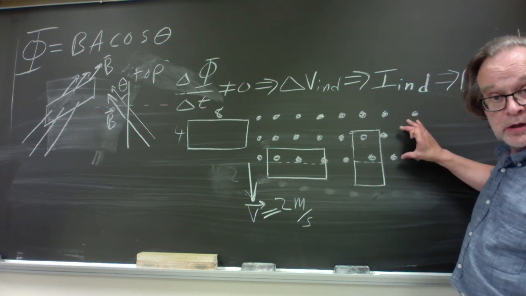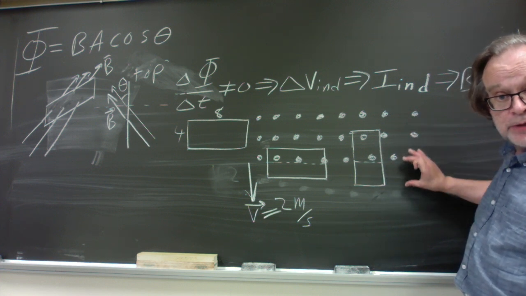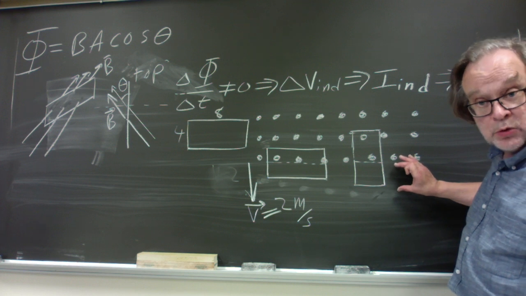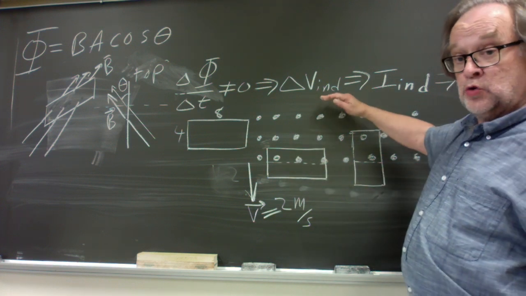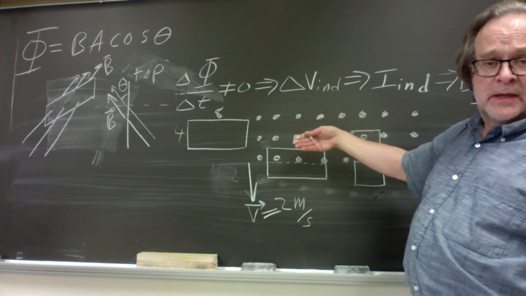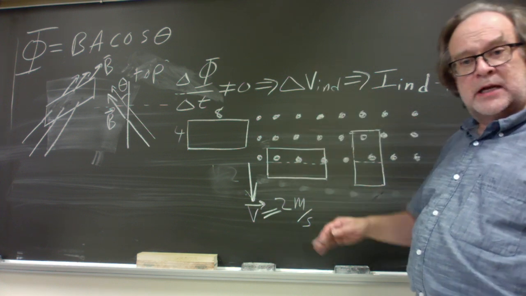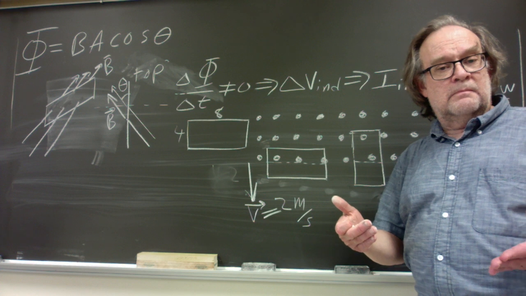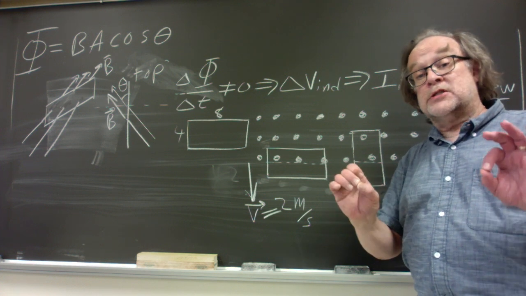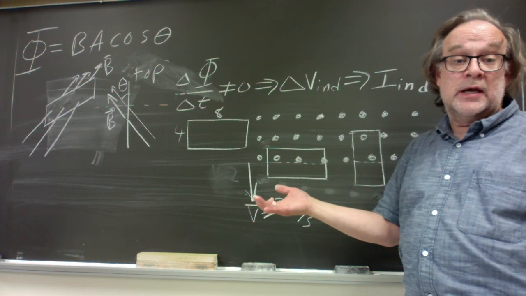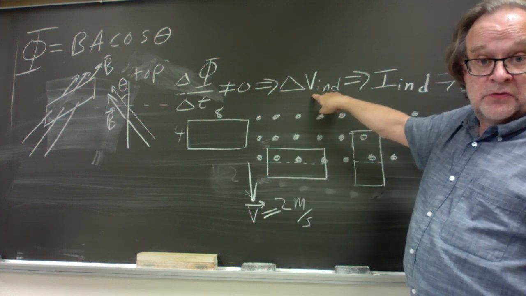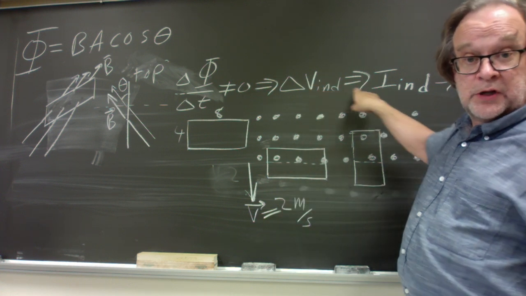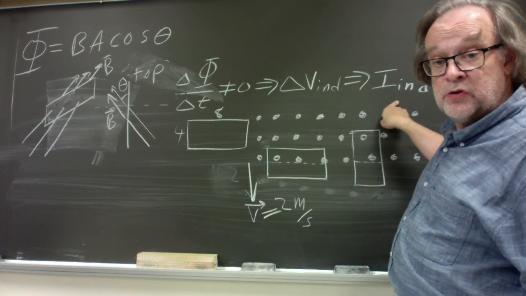Half of its area is inside the field region, half is outside the field region. So even though these loops have the same size and they're falling at the same speed, the magnetic fluxes will actually be different in those two cases, which means different sizes of induced potential difference and different sizes of current produced.